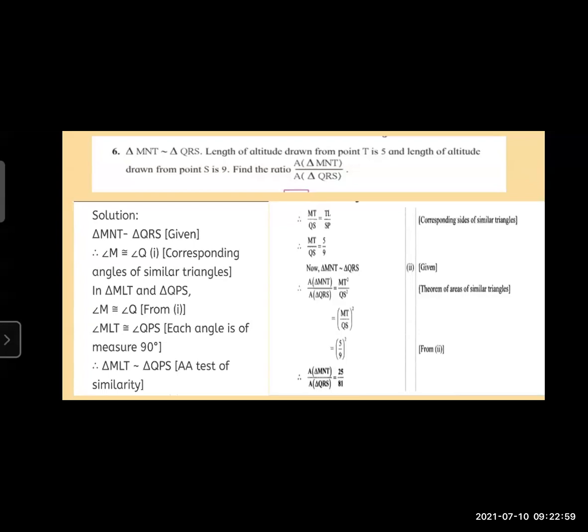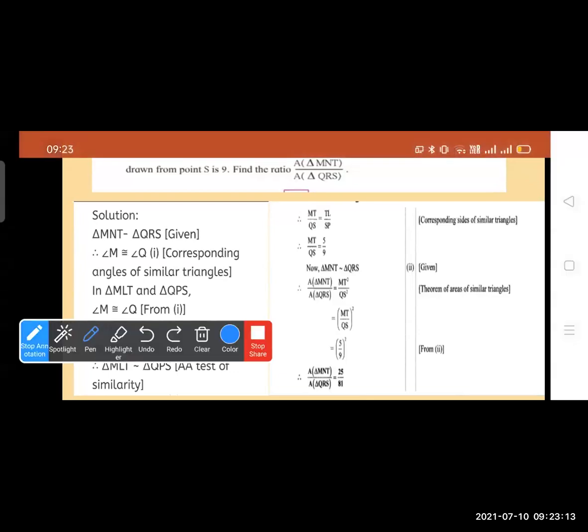Okay, MNT similar to QRS, and we write here M is congruent to Q. First condition. The reason is corresponding angles of similar triangle. I already told you CAST or CSST.